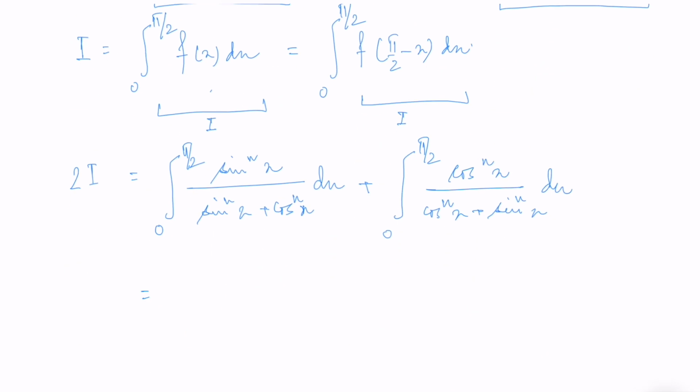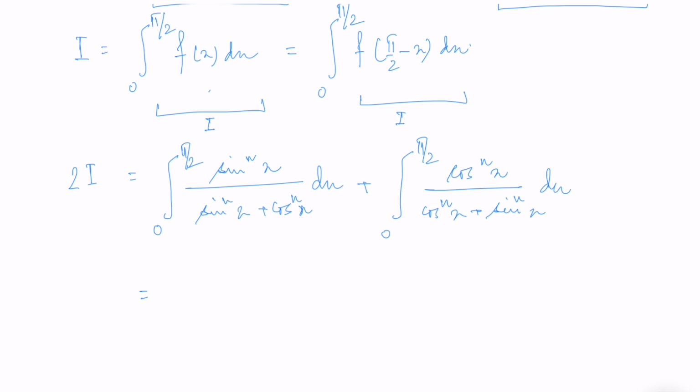Now you see what's happening here? The denominator is the same. And if the limits of a definite integral are the same, I can actually sum them. So this becomes the integral from 0 to pi by 2, and I take the common denominator, which is sine to the power n x plus cos to the power n x dx.